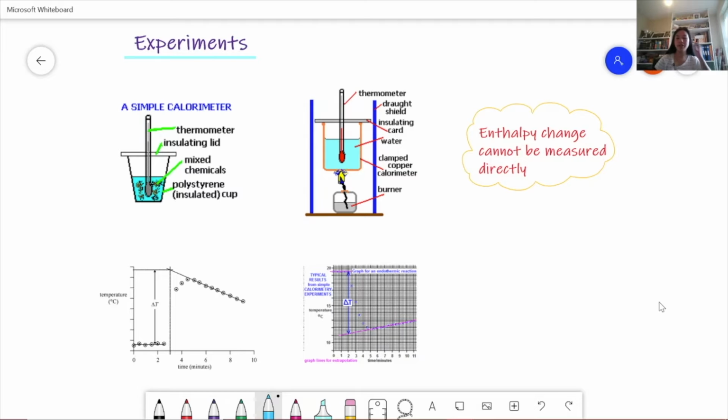So now we're going to look at some experiments that we can perform to help us find the enthalpy change. And so the first one I'm going to start off with is this simple calorimeter. And in a polystyrene cup, we can add in 2 solutions, so maybe an acid and an alkali. And when we mix them together, it should be exothermic, so heat should be given out.